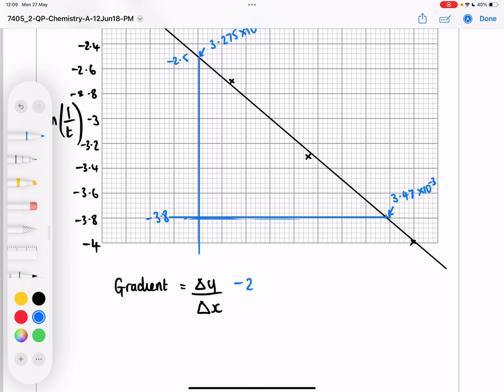So minus 2.5 minus minus 3.8, over 3.275 times 10 to the minus 3 minus 3.47 times 10 to the minus 3. Now there'll be a range of allowable answers here, so hopefully we're inside that.